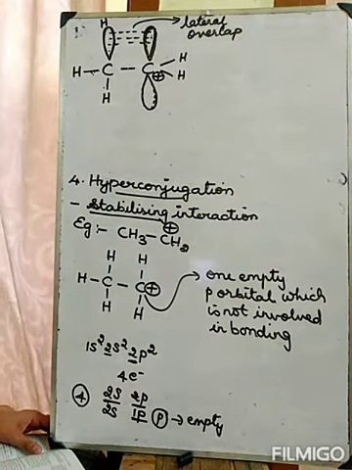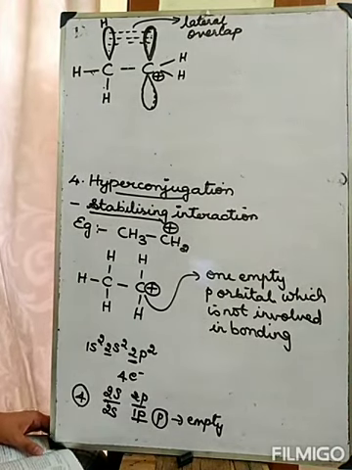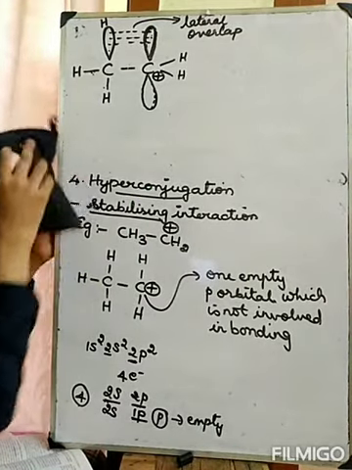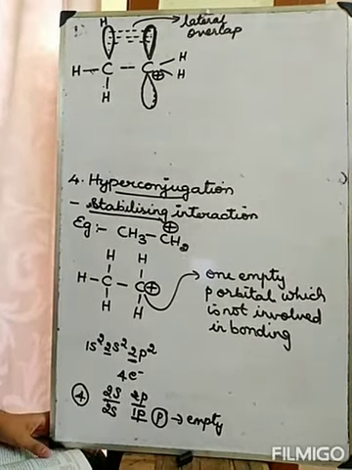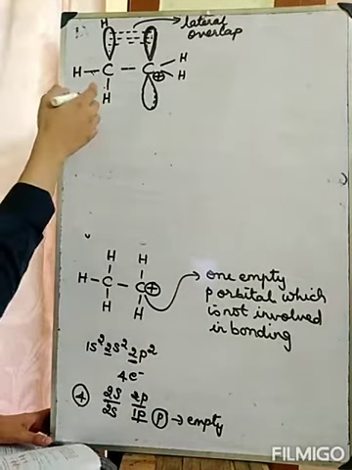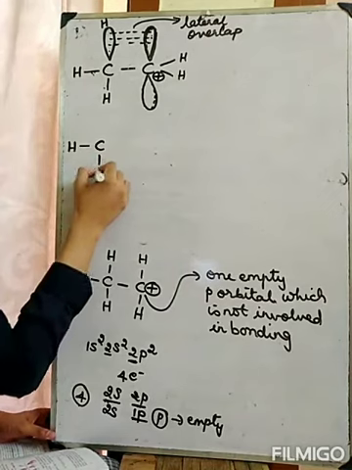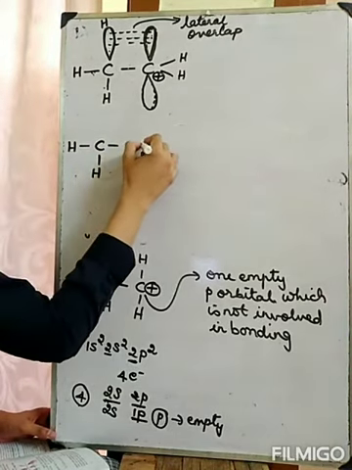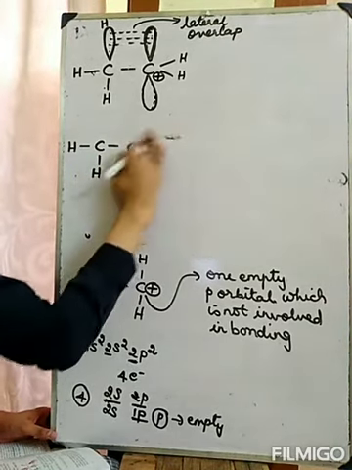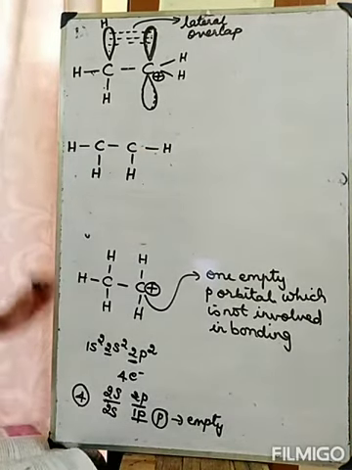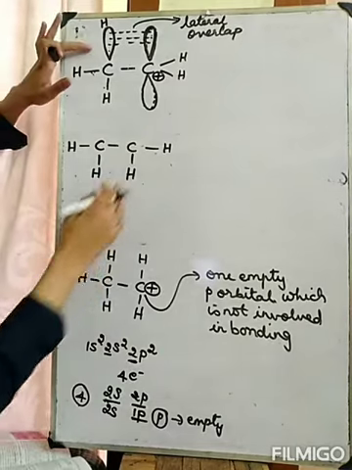Understood? So as a result, what will I get? Listen. I am drawing again clearly like this. C, H, H. Now what has happened here?